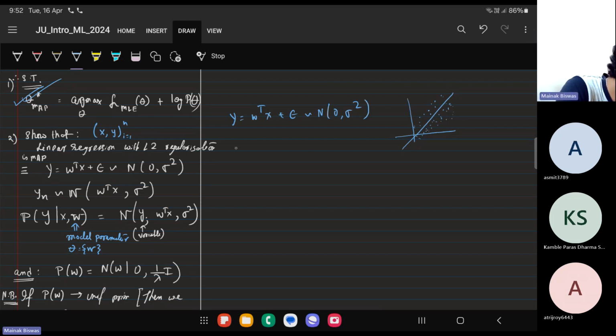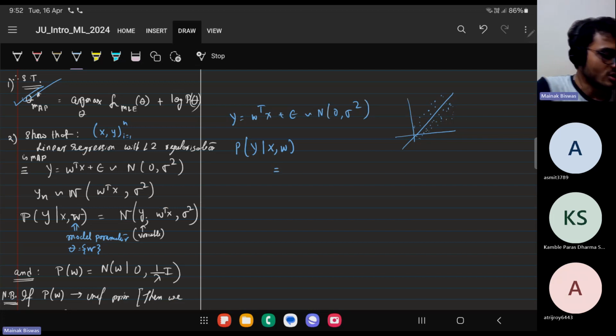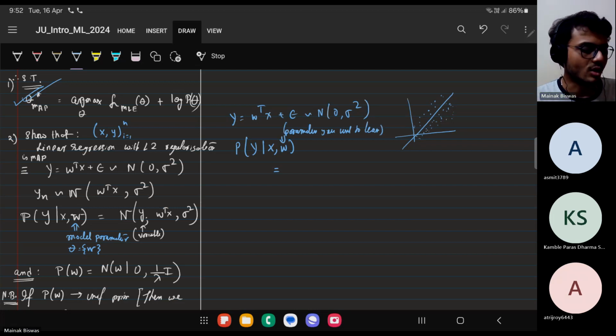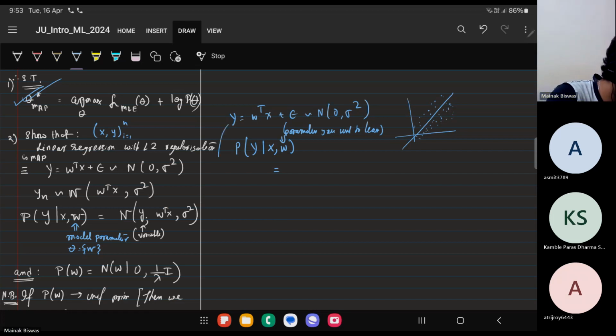So now, what is the distribution of y given x and w? These are the parameters you want to learn. What is the probability of y given x, the distribution from this equation?